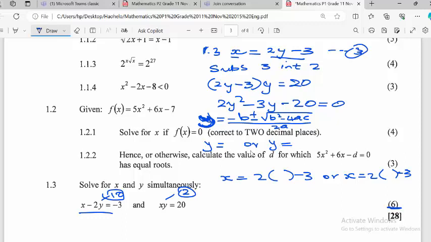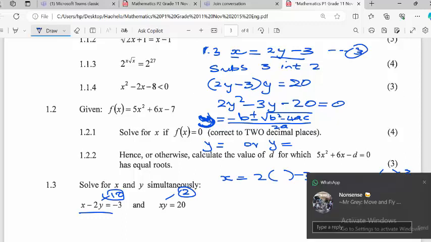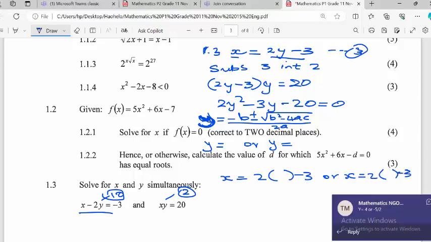So y will be equal to something, or y will be equal to something, and those somethings should be substituted into the third equation to get your 2 points. Therefore, you would have solved simultaneously. I'm hoping that you are using your calculator. y is 4 as well as negative 5 over 2. So negative 5 over 2 and 4.